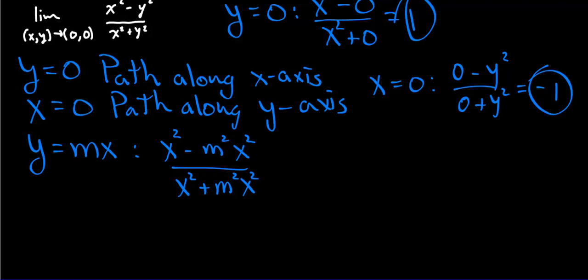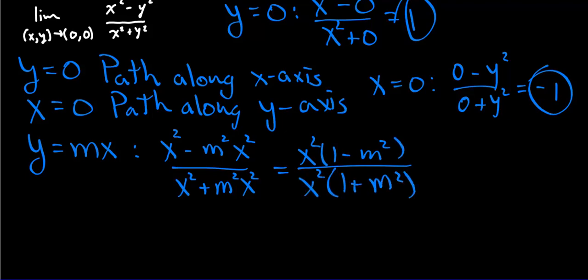Factor out the x squared on top, factor out the x squared on the bottom, and these cancel, and I get 1 minus m squared over 1 plus m squared. So apparently, the limit depends on which path I choose, what the slope is.